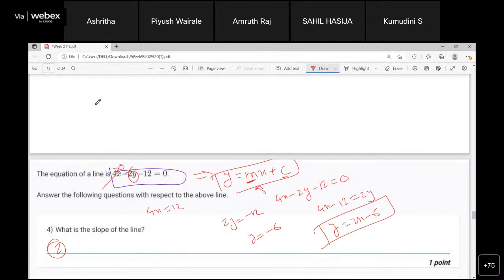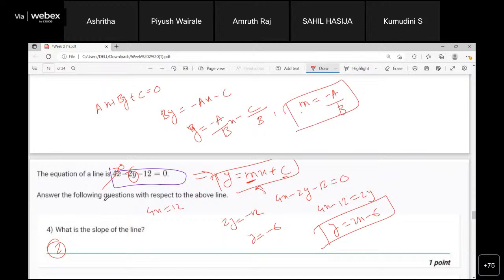See, we have ax plus by plus c equals 0, right? Now just try to bring it in this form. By equals minus ax minus c. So y equals minus a by b x minus c by b, right? So my slope will be minus a by b here.